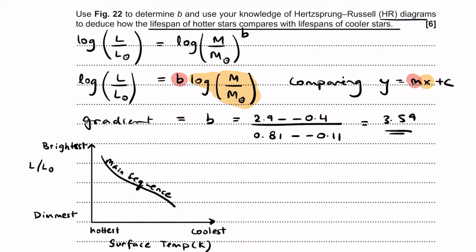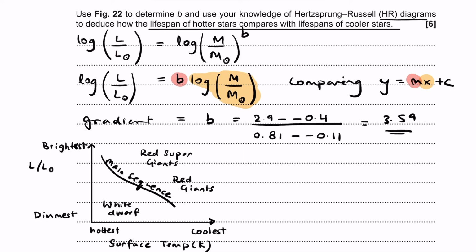Then you have your red supergiants, followed by the red giants slightly lower down, and then you have your white dwarf stars right about here.